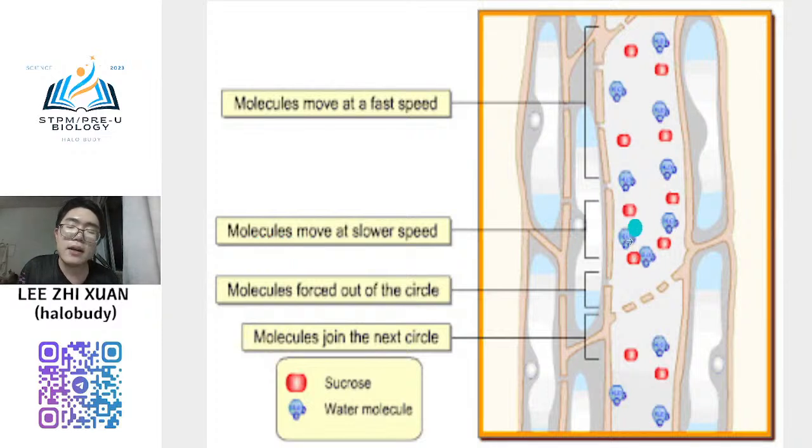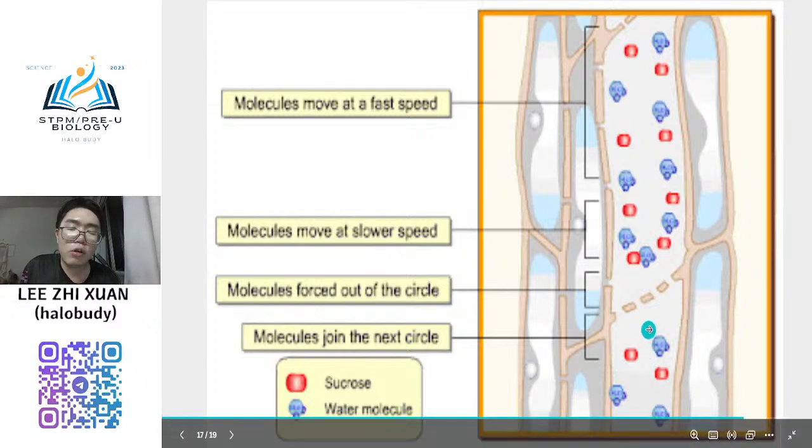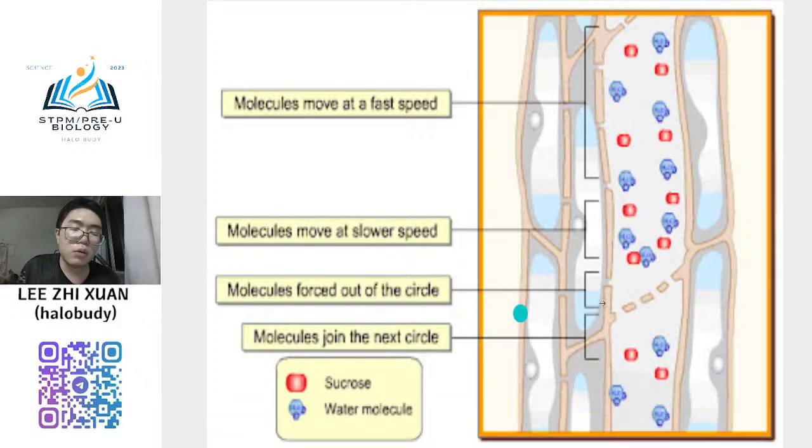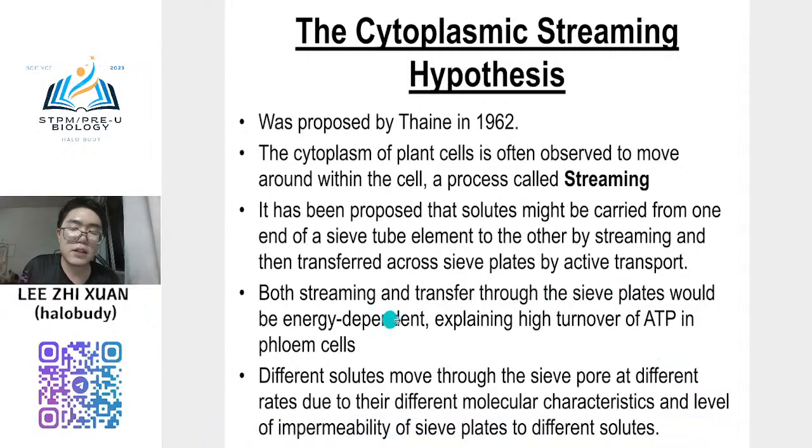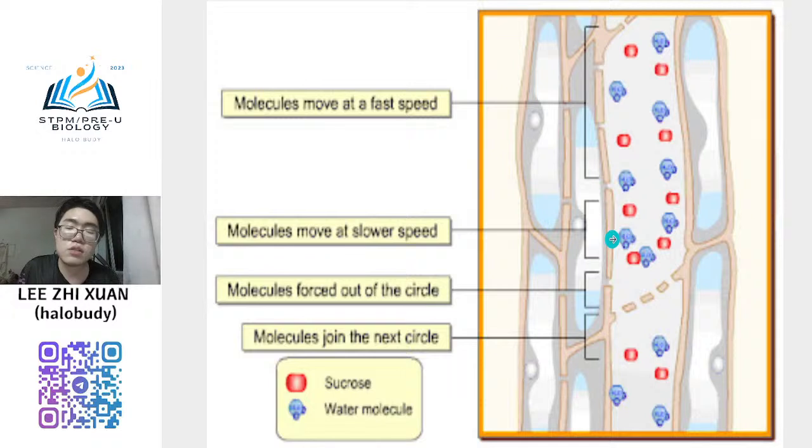This slow speed forces the molecule at the upper part of the sieve tube element out from the upper part to the lower part by active transport, so the molecule joins the next cycle again. Different solutes move through the sieve pore at different rates due to different molecular characteristics. Both streaming and transfer across the sieve plate are energy dependent, explaining the high turnover of ATP in phloem cells. This process requires high energy or ATP, because it is an active transport process.